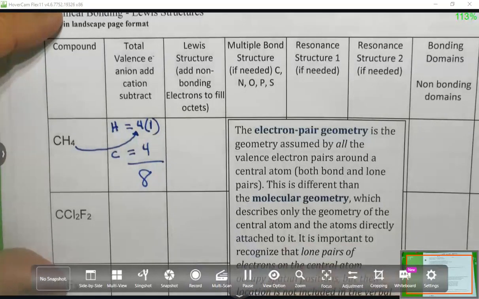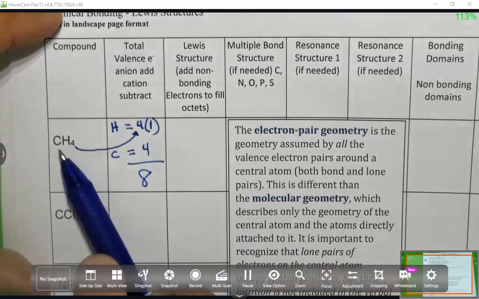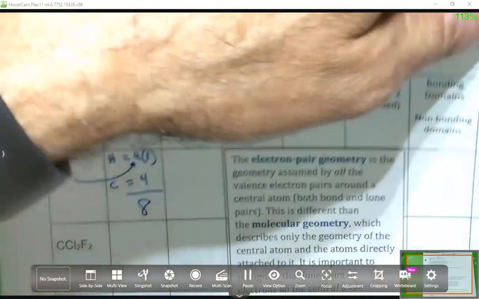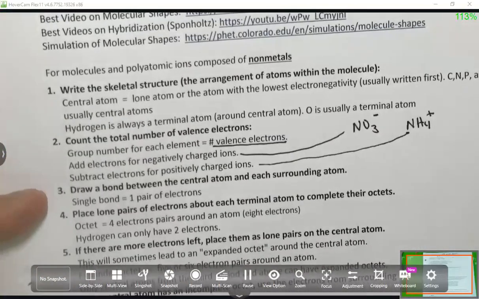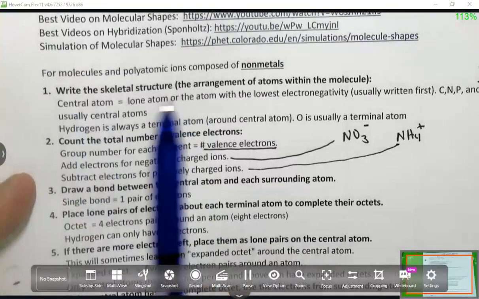Now, my Lewis structure for that. Hydrogens are always terminal atoms. Let me go back. It says write a skeletal structure.